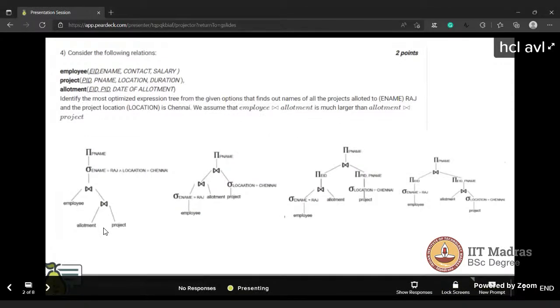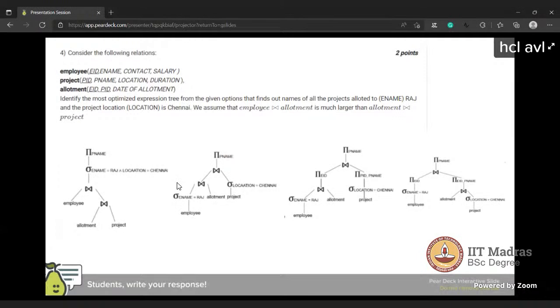Okay, consider the following relations: employee and the attribute name, project and the attribute names PID, PName, location, duration, and the allotment attribute names EID, PID, and date of allotment. Identify the most optimized expression tree from the given options. Let's find the names of all the projects allotted to ename Raj where the project location is Chennai.